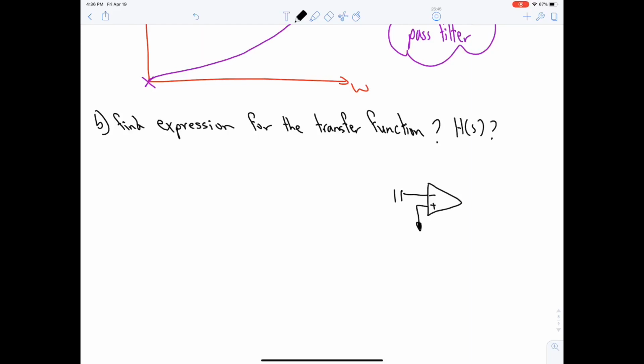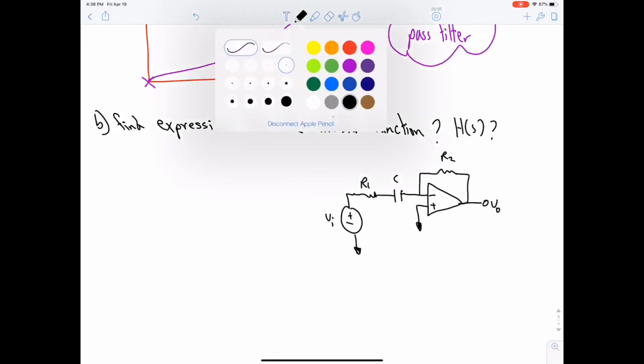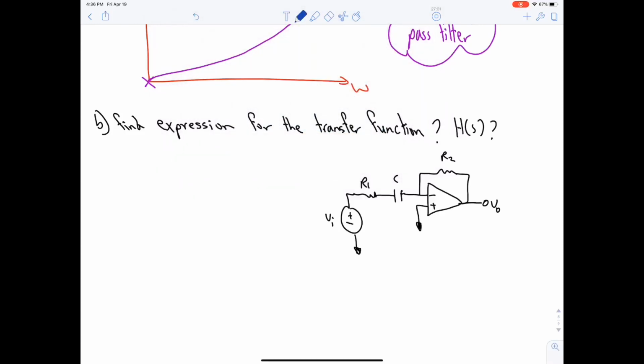Capacitor with a resistance R1, V input, grounded, and here we have R2, V output. So what's H of S? H of S is V output in terms of V input.